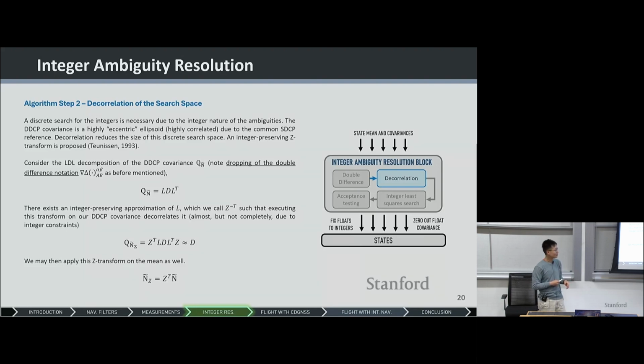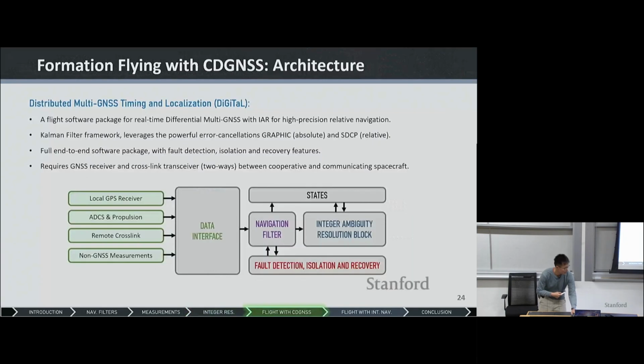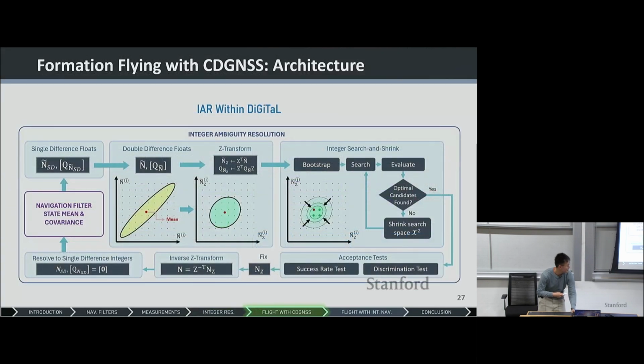Before talking about the Z transform, let's talk a little bit about this diagonal matrix. Maybe it's easier if I just jump several slides ahead. So this is your covariance of your double difference carrier phase measurements.